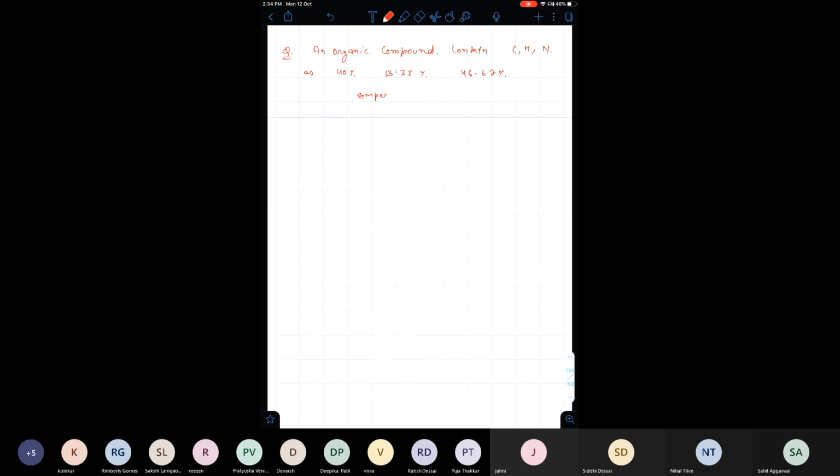Empirical formula will be... Try this also.